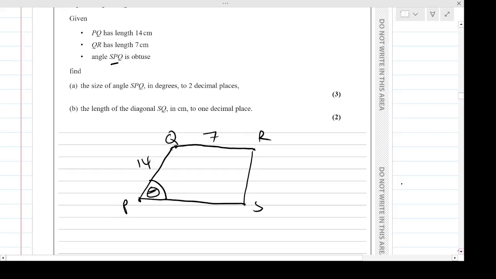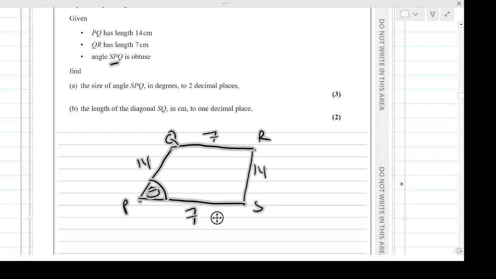Probably the best way to deal with this is to split it into two different triangles. Firstly, we know because it's a parallelogram that the length 14 here has to be 14 here, likewise 7 here.